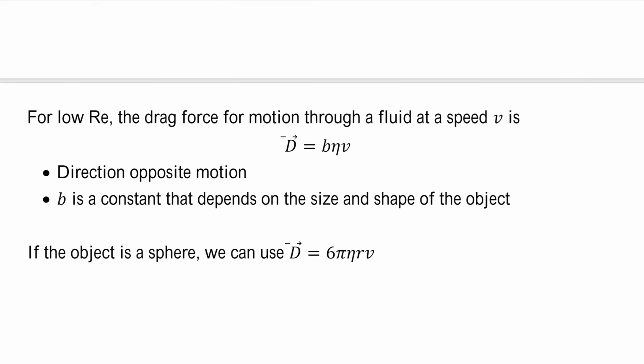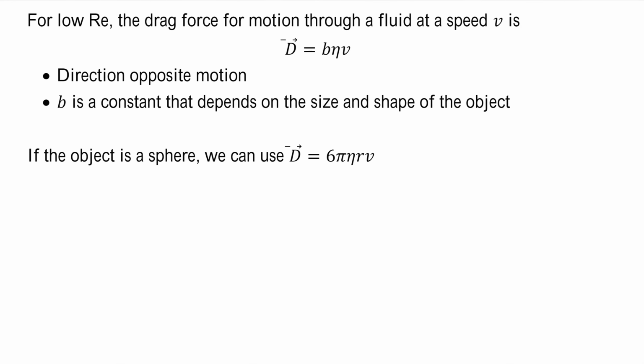So for low Reynolds numbers, the drag force for motion through a fluid at speed v is given here: D equals B eta v. Of course, drag is a force that opposes motion, so its direction is opposite the motion. B is a constant that depends on the size and shape of the object, a lot like A was the cross-sectional area.